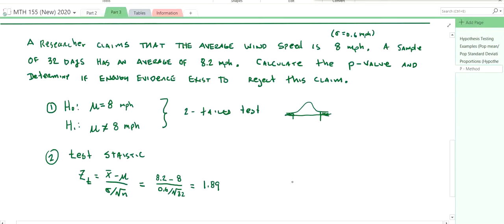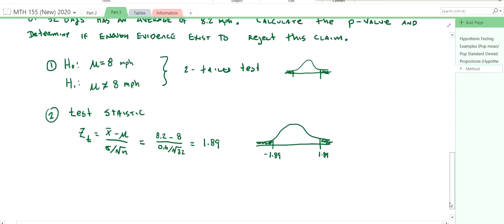So that means, since we're going to do a p-test here, we want to figure out what the area is to the right of 1.89, and what the area is to the left of minus 1.89.